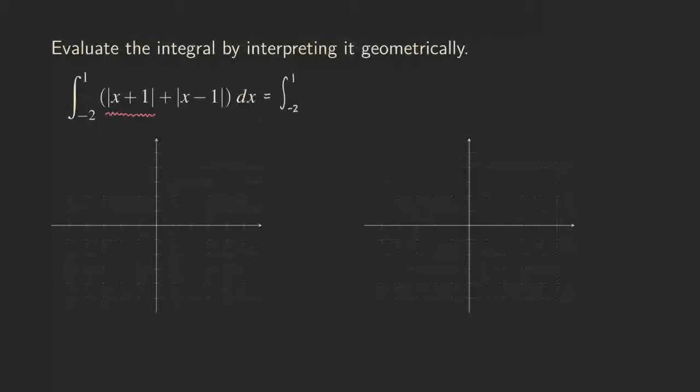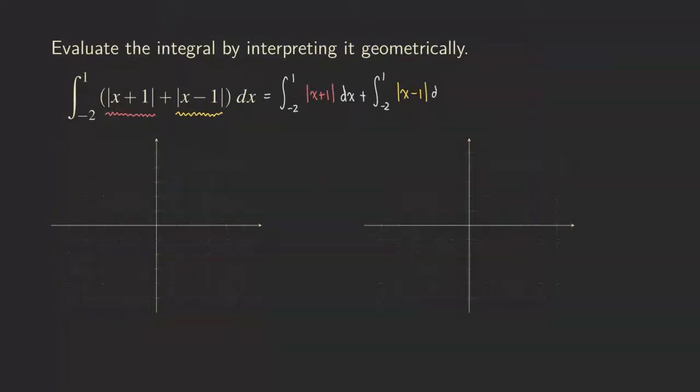The integrand for one of the integrals will be the absolute value of x plus 1, so that's what we have here, x plus 1, dx, plus the other integral, which is from -2 to 1 again. The limits don't change, but we are going to look at the other function, which is the absolute value of x minus 1.